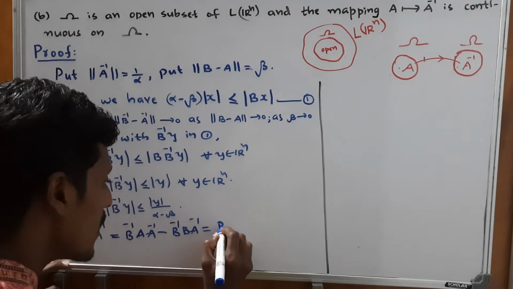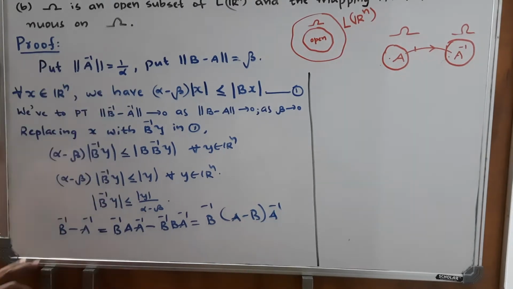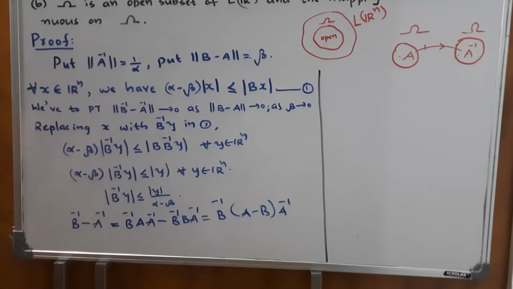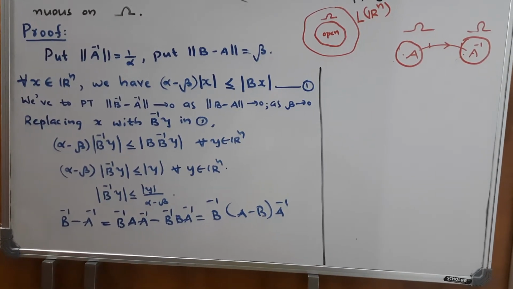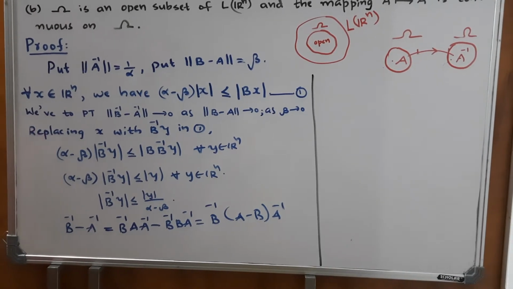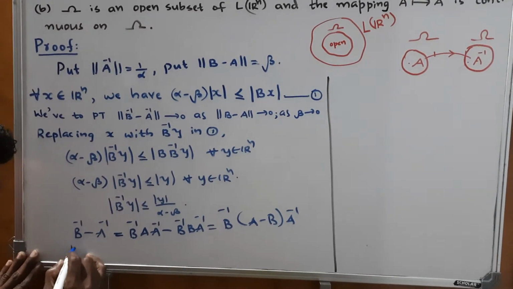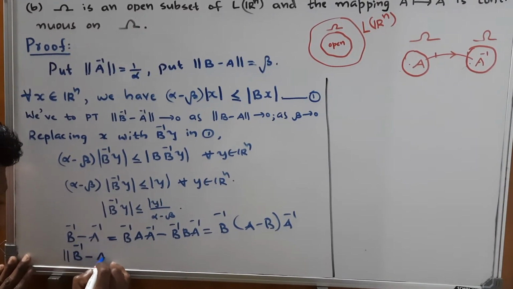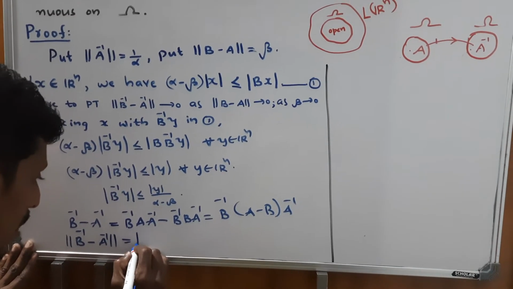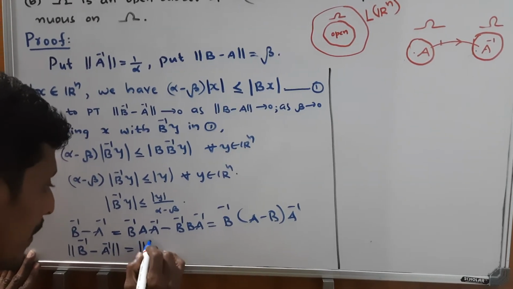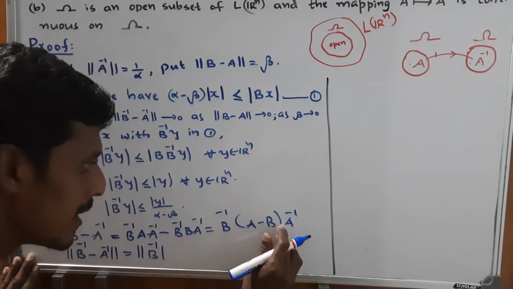So this is equal to B inverse (A minus B) A inverse. So B inverse minus A inverse is equal to B inverse (A minus B) A inverse. Therefore, norm of B inverse minus A inverse is equal to norm of B inverse (A minus B) A inverse.